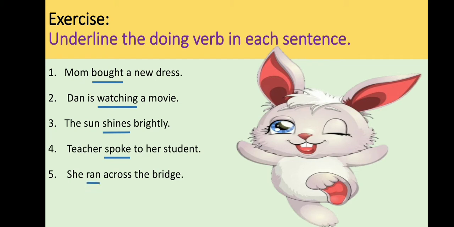Yes, ran is the doing verb in this sentence. They live in London. What is doing verb in this sentence? Live. Okay, now we have understood what is doing verb.